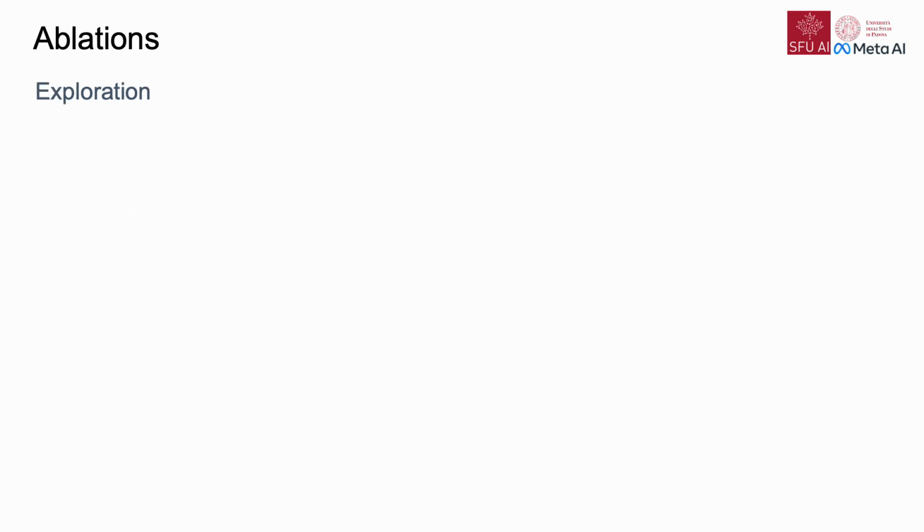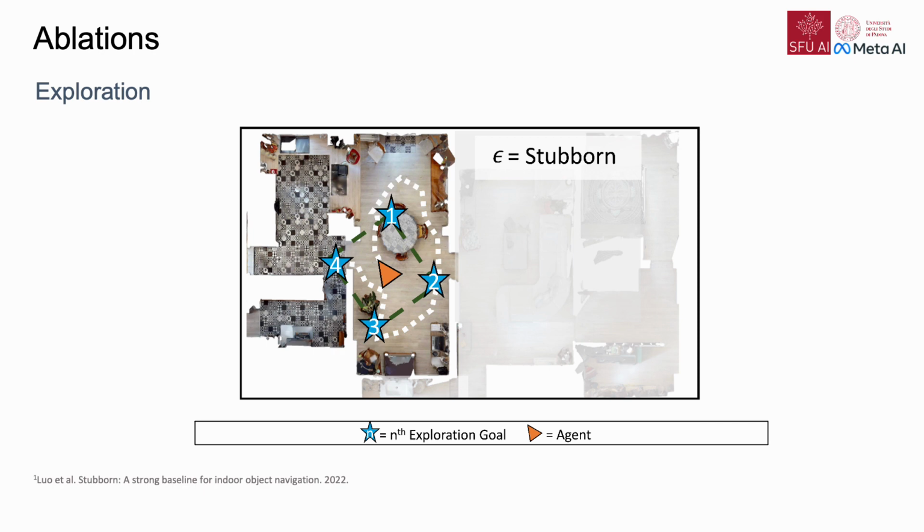We also perform ablations on the exploration module by comparing various learned and heuristic-based approaches. Stubborn is a heuristic-based method where the agent selects the 4 corners of a local grid around itself.